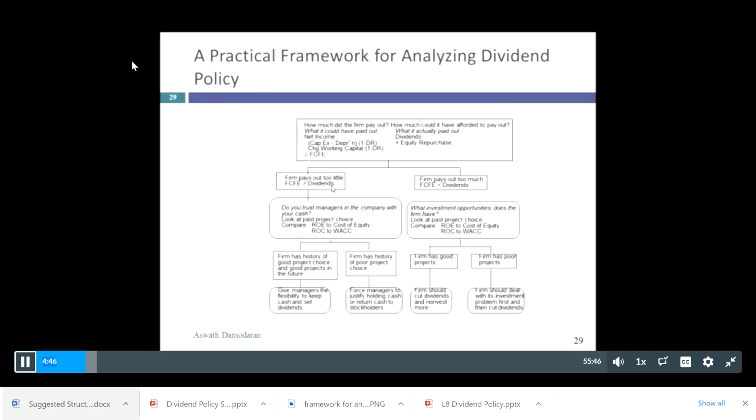They can afford to pay more, so then we have to see whether we actually want them to pay more, and that will be dependent on whether we trust the managers of the company to use the cash wisely, and we can look at past investment results to see whether we would trust them in the future, right? Of course, past performance doesn't always guarantee future results, but that's the information that we have.